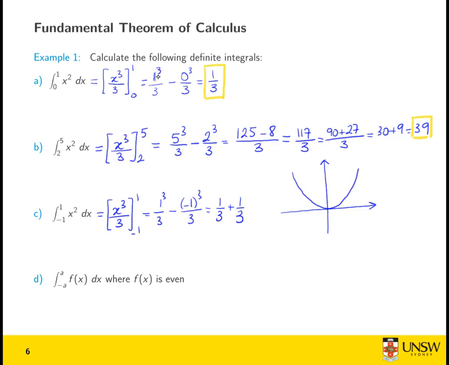That's the graph of y equal to x squared, and we're integrating between -1 and 1. So really, we are trying to find this green area. We proved in the first question that this area was 1/3. Because of the axis of symmetry here, these two areas will be equal. So this one will be 1/3 too.